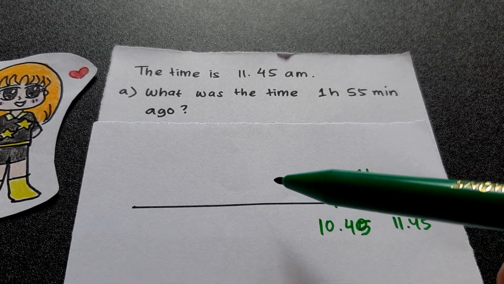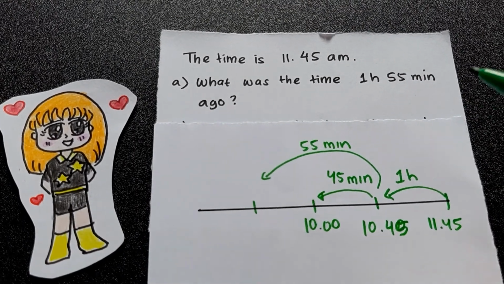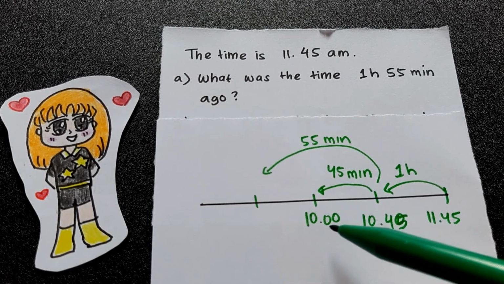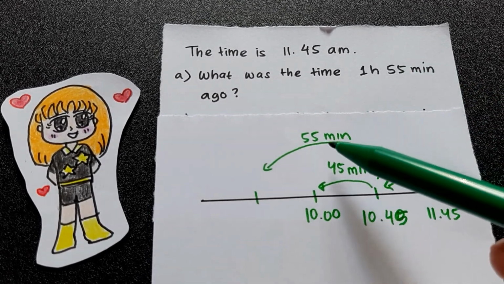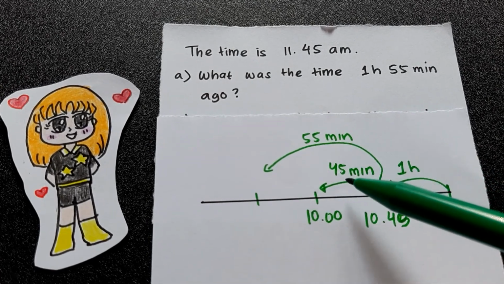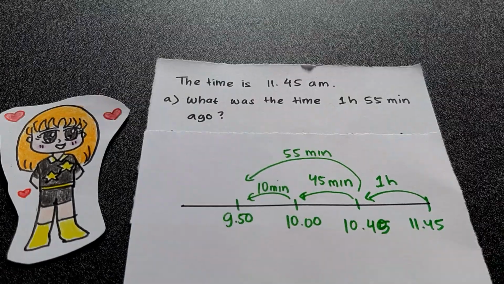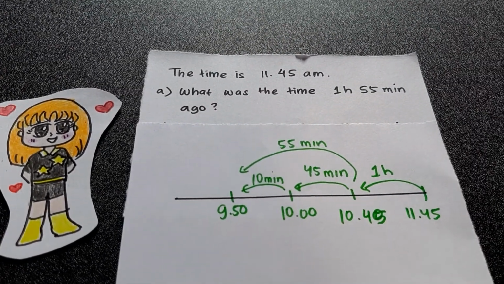It's 10 o'clock. Like this. So we go backward 45 minutes to 10 o'clock. But remember, we have to minus 55. So if this is 55, this is 45. The next, the remaining minutes is 10 minutes. So the answer is 9:50.